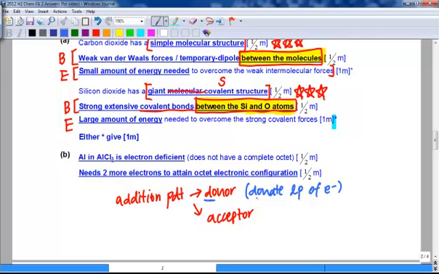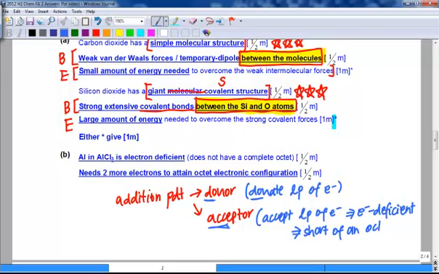So acceptor, you need to accept lone pair of electrons. That means the acceptor must be electron deficient, and hence it must be short of an octet configuration.